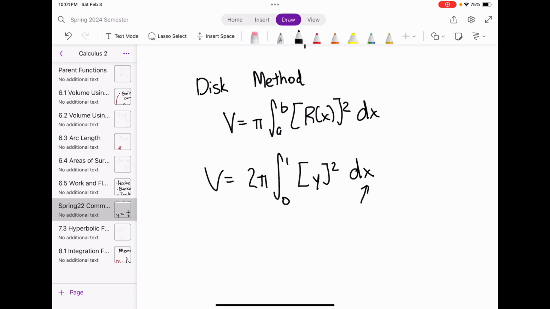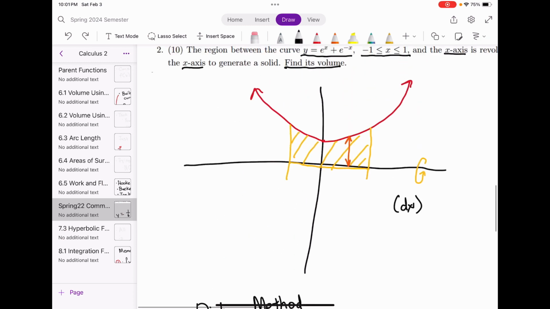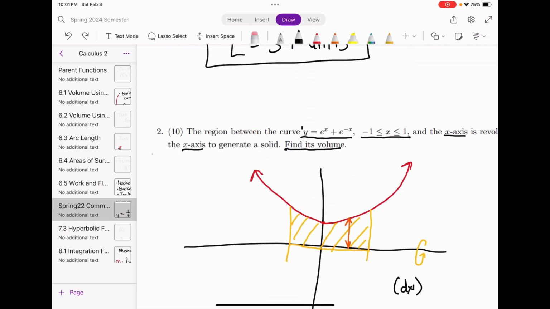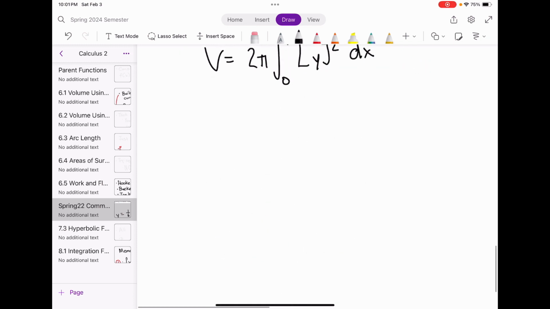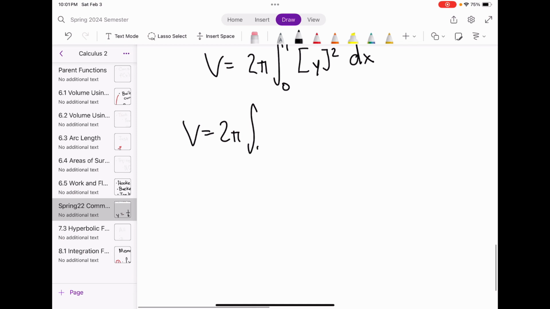Since this is dx, we can't simply put y squared. But luckily for us, they gave us the value of y, which is this formula right here, so I'm going to plug that in. So V is equal to 2 pi, the integral from 0 to 1. And please note, this is not for the cylindrical shell method.